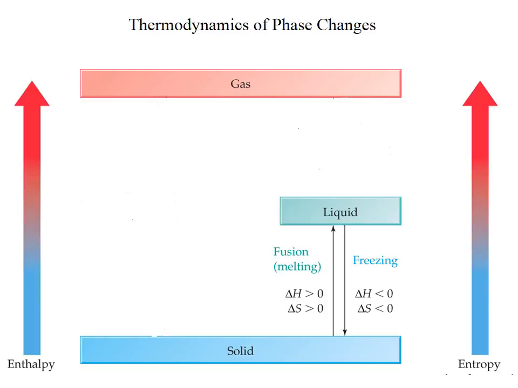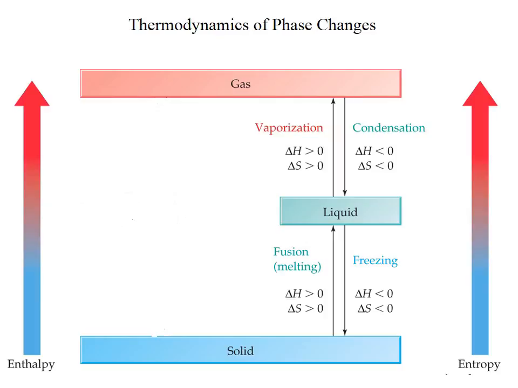All of the phase changes that go up, so from the solid to the liquid or from the liquid to the gas or from the solid to the gas, those are all endothermic, and so delta H is positive. And then the reverse process going down, all of those processes are exothermic. As you can see, the delta H signs are given there for fusion and freezing. The change in sign for entropy is also positive as you go up and also negative as you go down.